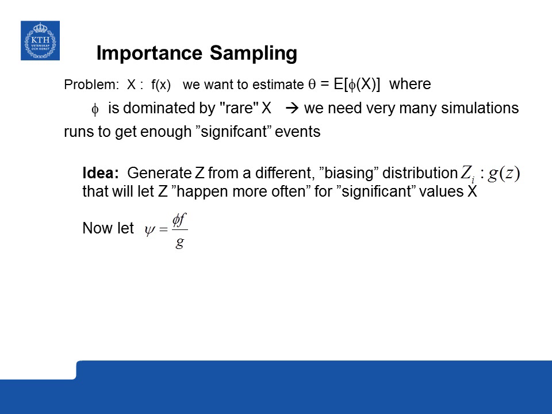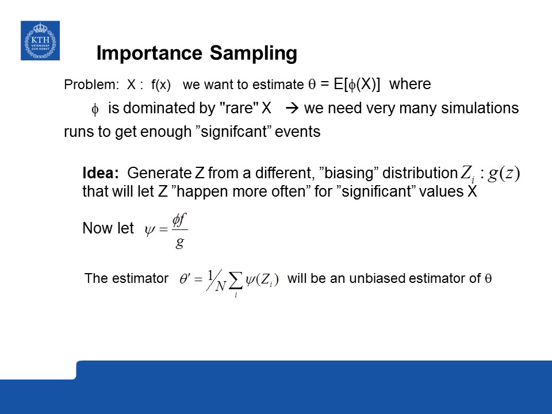The idea is that z will happen much more often for those events where phi of x takes significant values. For this purpose we define psi, which is this function phi times f divided by g.